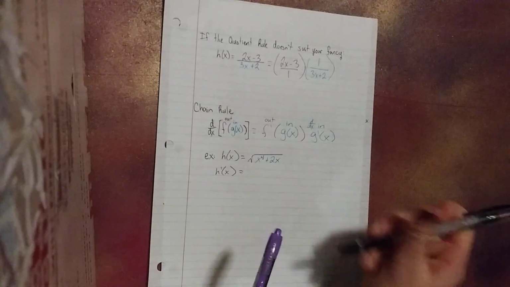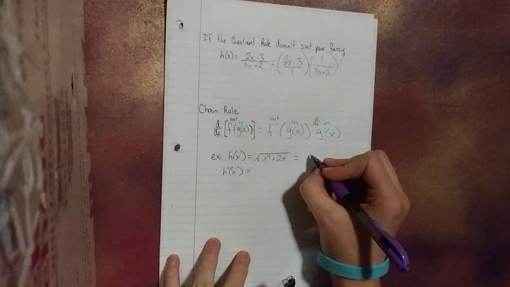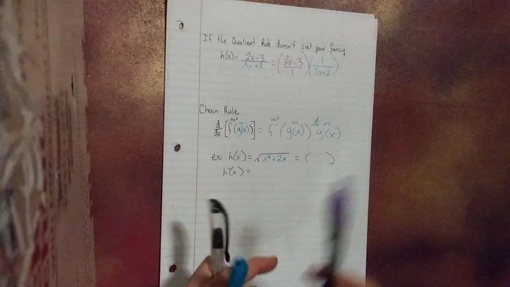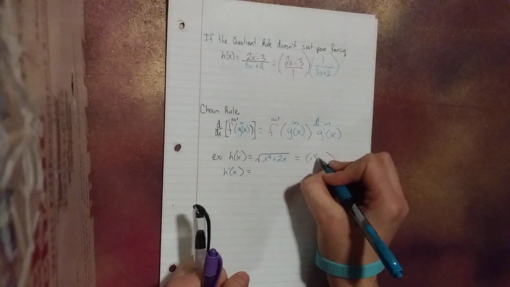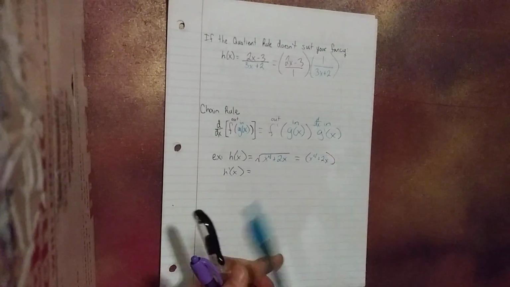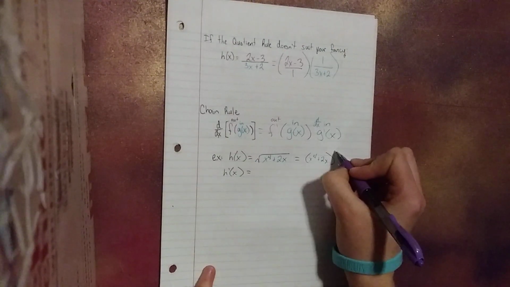So when we take the derivative of this, we are going to take our outside function, which is also the same thing as saying we have x to the fourth plus 2x to the 1/2.